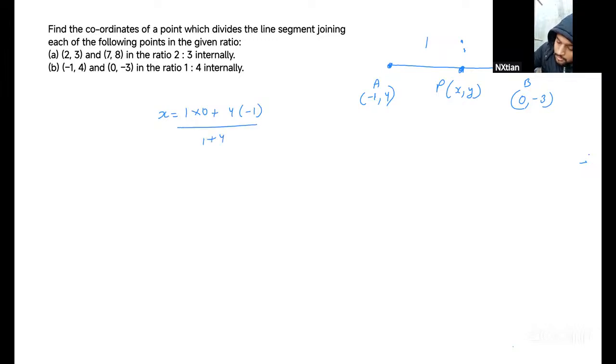So x equals 0 minus 4 upon 5. So x equals -4 by 5.